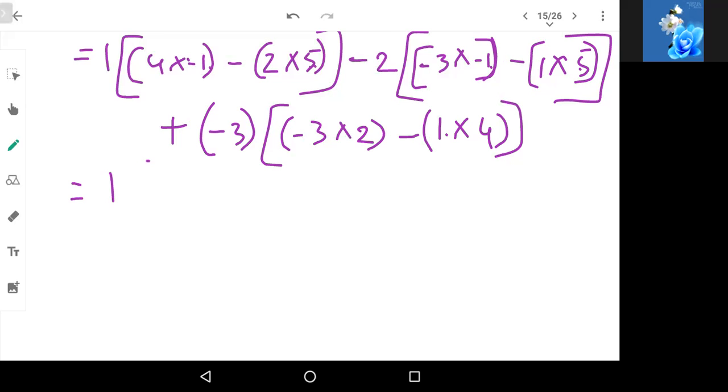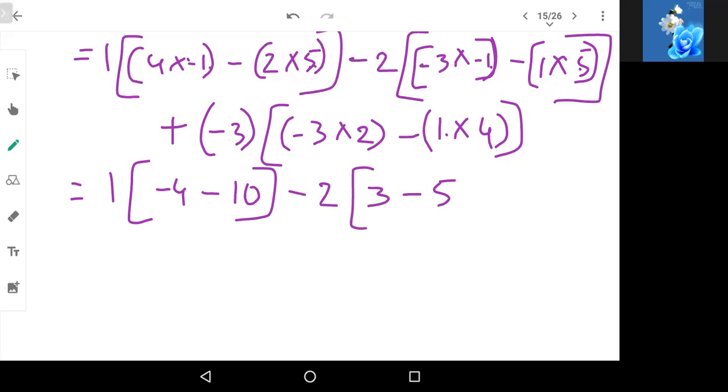So 1 into 4 into minus 1 is minus 4, minus 2 5s are 10. Minus 2 into minus 3 into minus 1 is plus 3, minus 5 ones are 5.